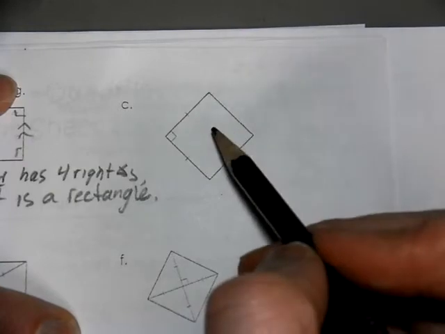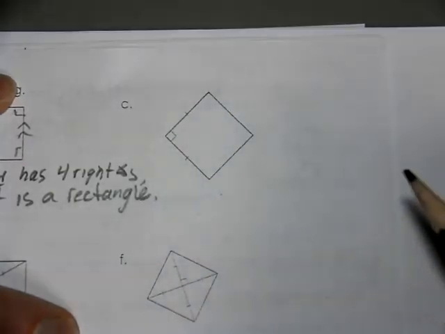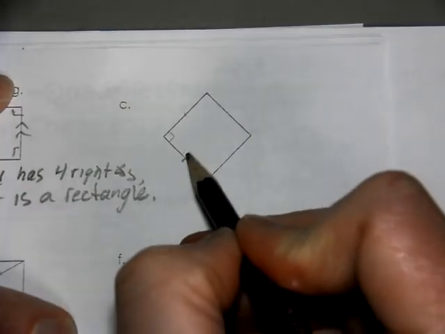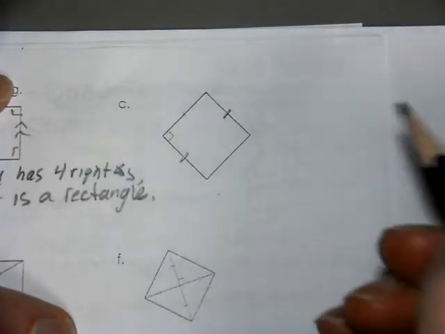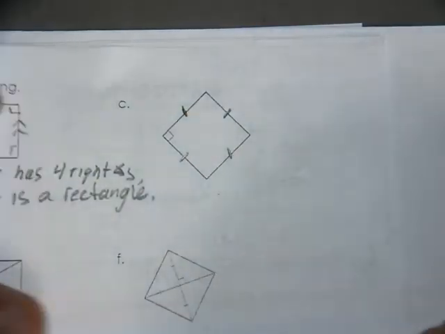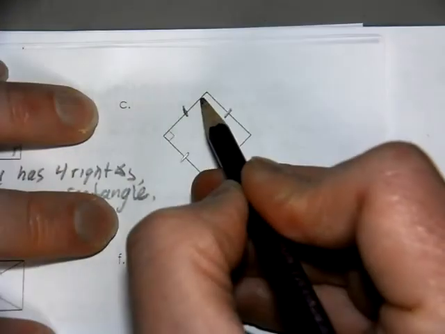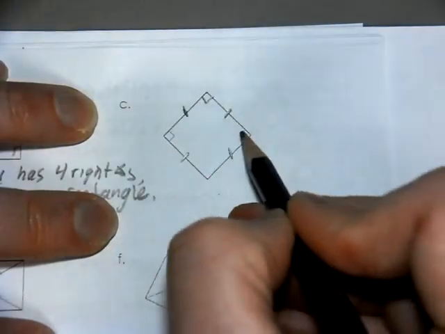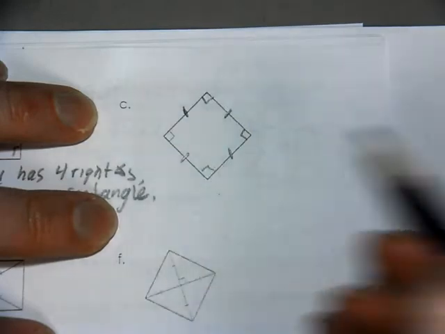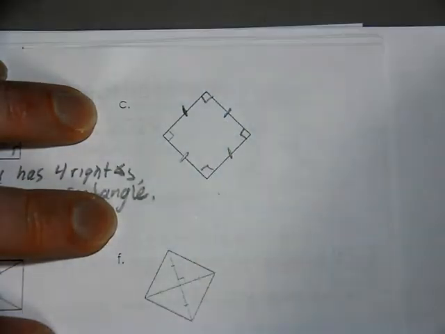Okay, we know that this is a parallelogram. In a parallelogram, we know that opposite sides are congruent. This is one tick mark, so opposite sides are congruent. So now we know that all the sides are congruent. And we know that the consecutive angles are supplementary in a parallelogram. Opposite angles are congruent in a parallelogram.